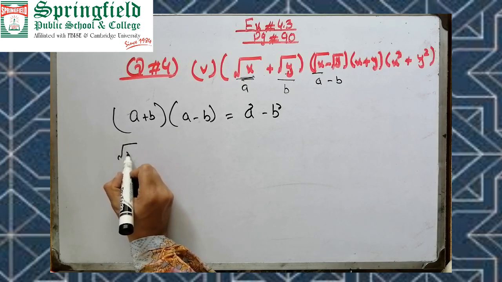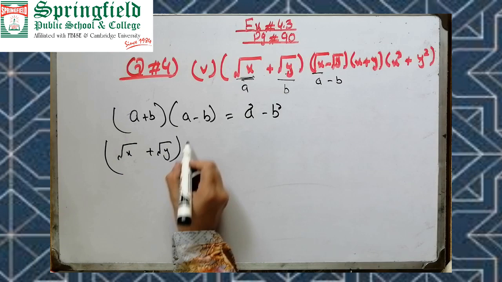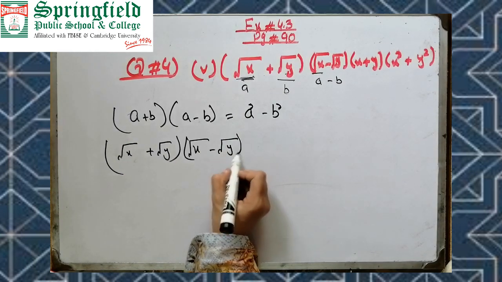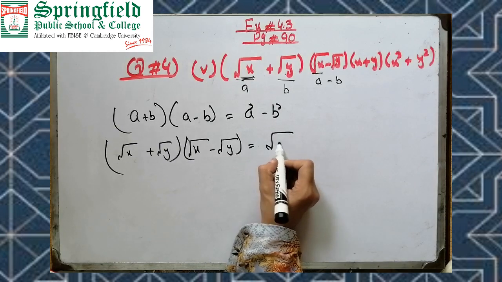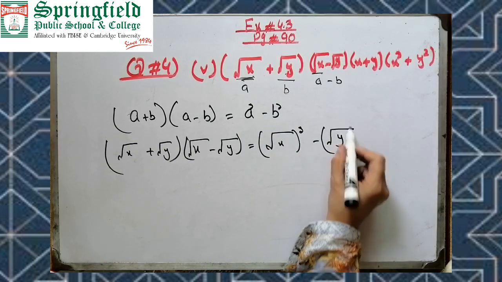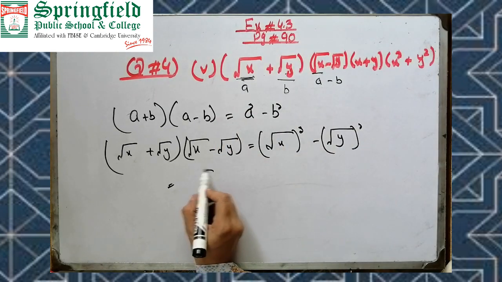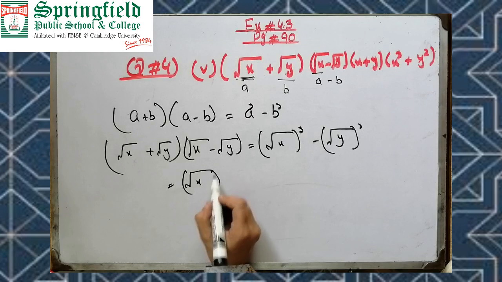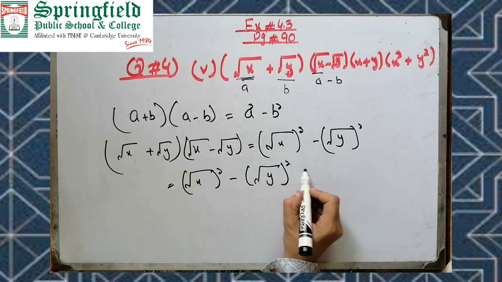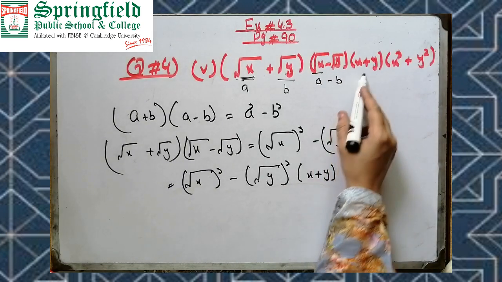So under root x plus under root y and under root x minus under root y can be written as under root x whole square minus under root y whole square. So put this value in this situation. So it can be x whole square minus y whole square, and then the rest of the numbers will be written the same.